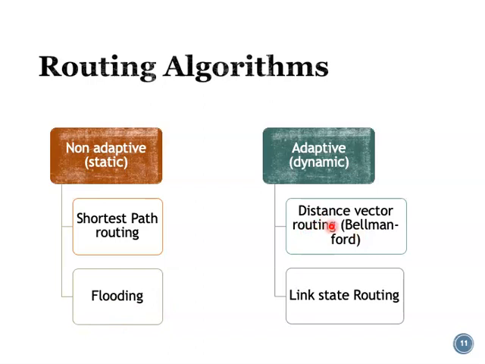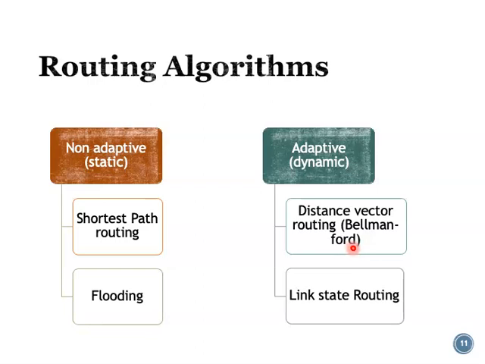For distance vector routing, an autonomous system with all its routers and networks can be seen as a graph, a set of nodes and lines called edges connecting the nodes. So this is distance vector routing.